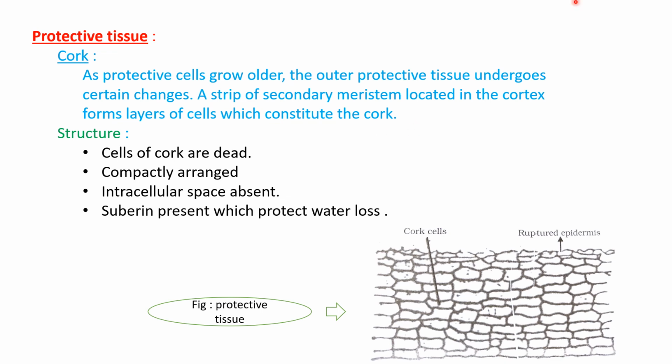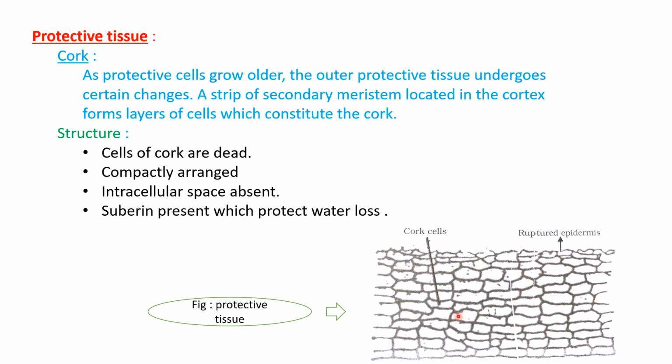So, a strip of secondary meristem located in the cortex forms a layer of cells which constitute the cork. So, cork is a type of cortex-forming tissue that derives from the meristematic tissue only. When the protective cells are getting older, that time we can see the cork. Here in the picture you see the outermost layer, I already told you, that is also a protective layer, the epidermis, and below that epidermis we can see the cork.